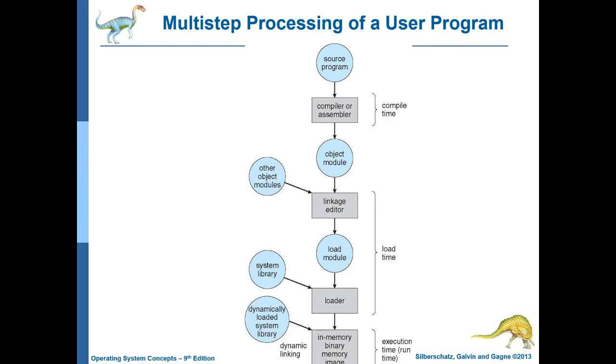Now the loader is an entity which will combine the load module with the system library by the operating system, and in the memory you will have the image of the program. But during the runtime or the execution time, this program image will need access to dynamic linking files through a dynamically loaded system library.